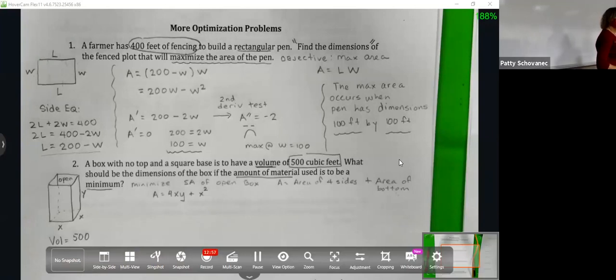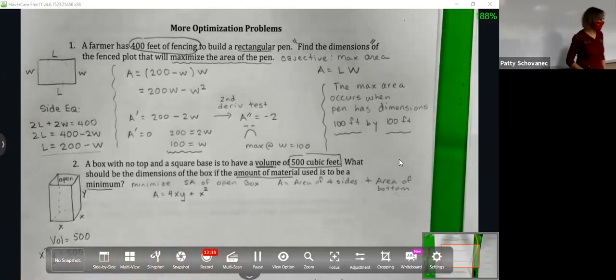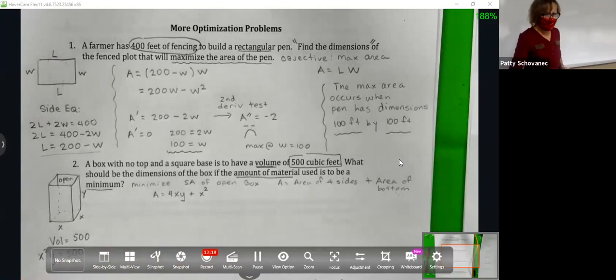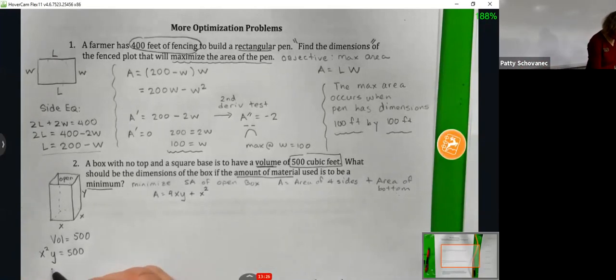Volume of the box. x squared times y. Area of the base times the height. So you have x squared times y is 500. That's our side equation. It looks like it's easiest to write y in terms of x. So I'll divide by x squared and get y as 500 over x squared.